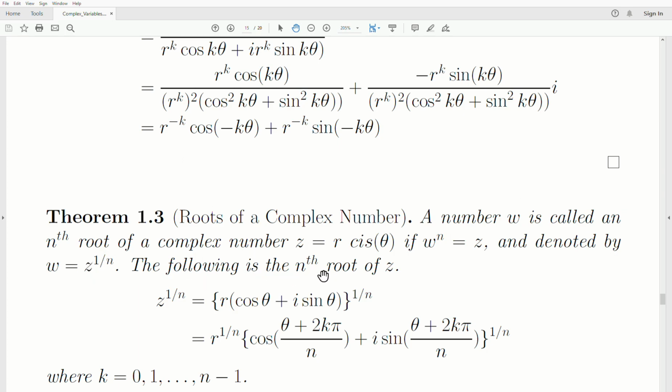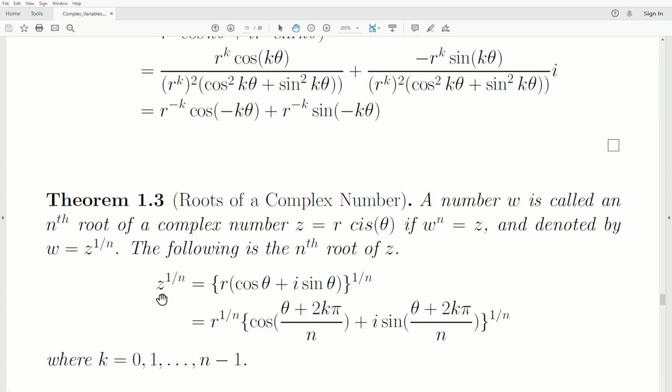The nth root of z in polar form is this. You essentially take the modulus raised to the 1 over nth power, and then it's this.